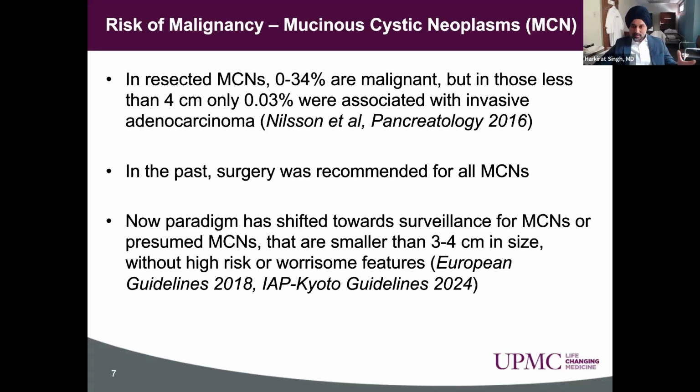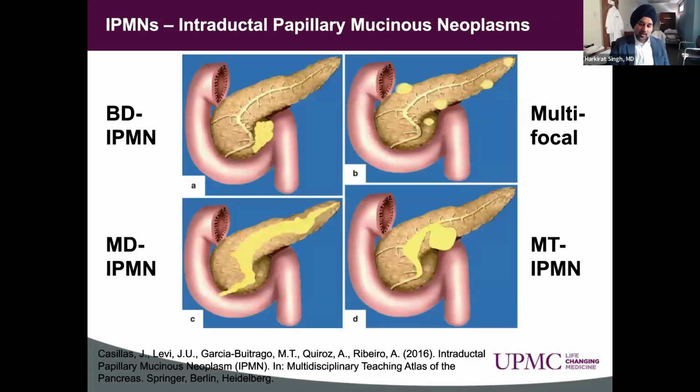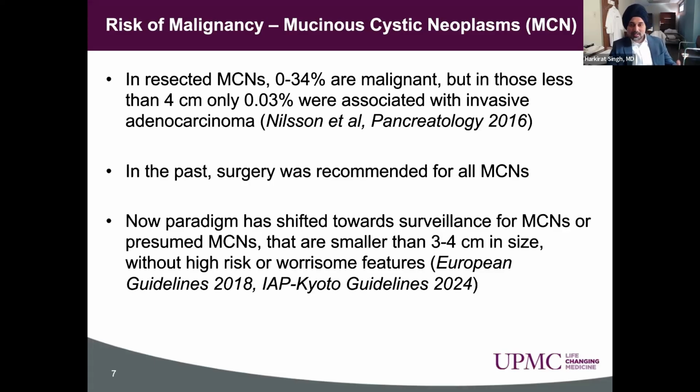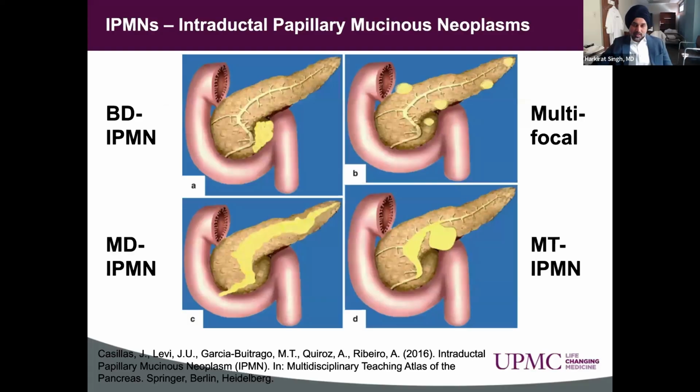So in the past, all of these cysts used to come out, but now we know that the smaller these cysts are, the less is the chance of any advanced neoplasia or malignancy. So the paradigm for their treatment has changed, and we keep an eye on them rather than just take them out. So MCNs would be classified as probably moderate risk for malignancy.